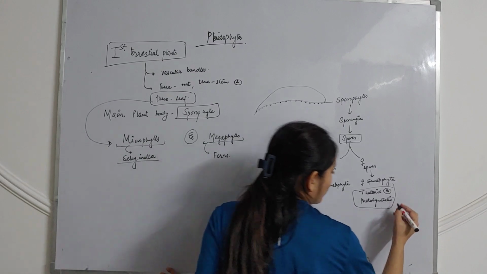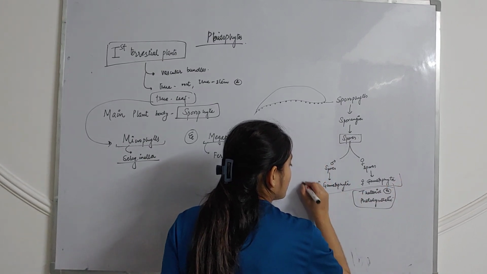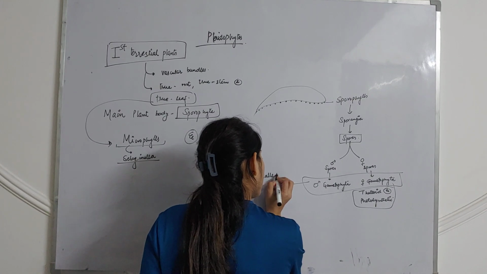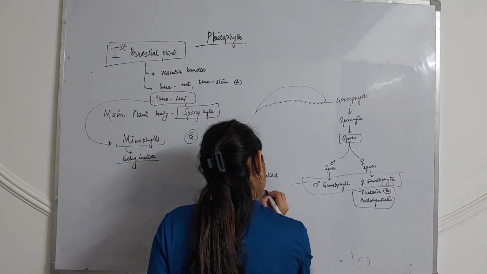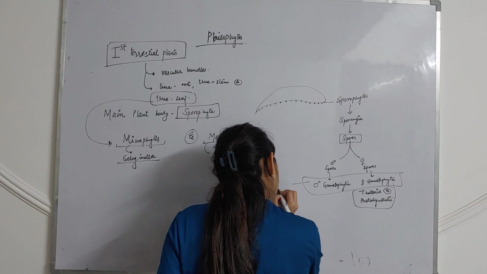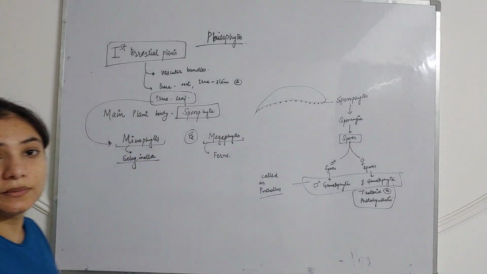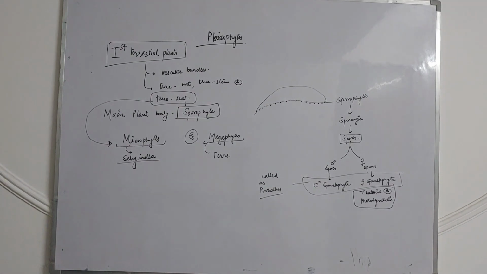The gametophyte is also called prothallus because it is not a proper thallus like that present in algae or bryophytes.